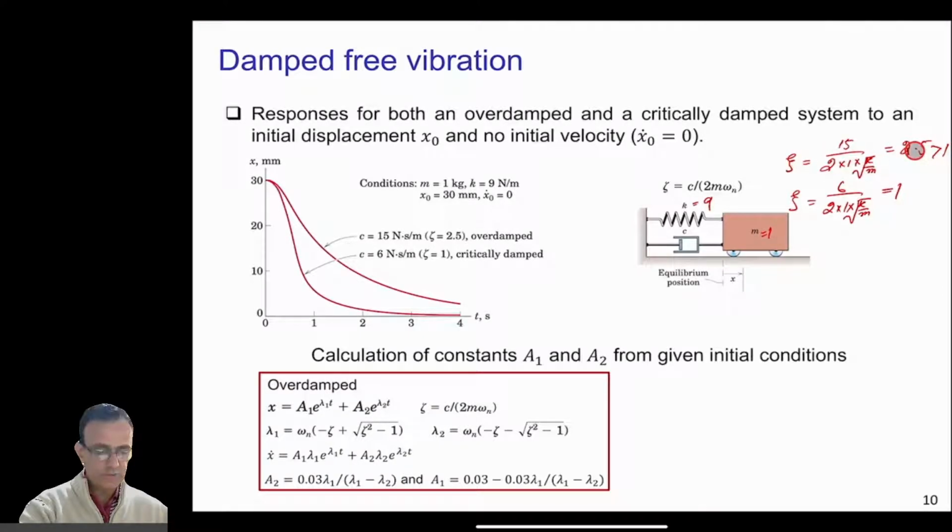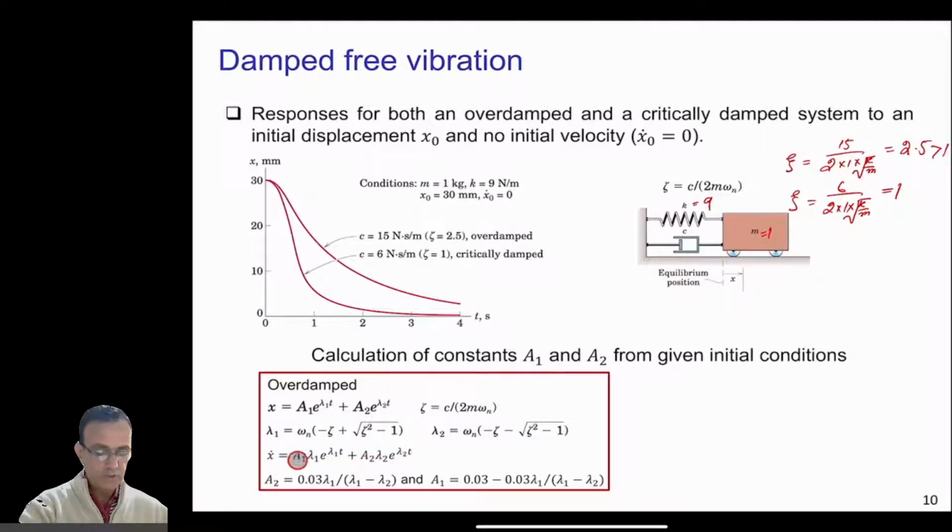So zeta is 2.5 in the overdamped case in this example, and obviously you can calculate lambda 1 and lambda 2, and both will be different. So then you can calculate x, which will be a1 e^(lambda 1 t) plus a2 e^(lambda 2 t), and from x you can calculate x dot by differentiating x with respect to time.